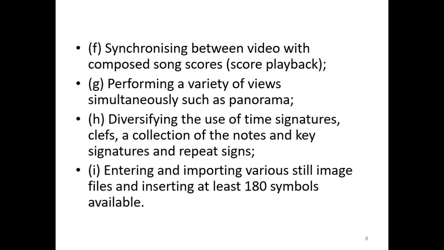That means the symbols to make this music faster or slower, or happy or sad, or whatever mood you can create. Or is it going to be loud, or is it going to be staccato, or things like that. There are 180 symbols in the music theory. So you can add all those, insert them by using this software.